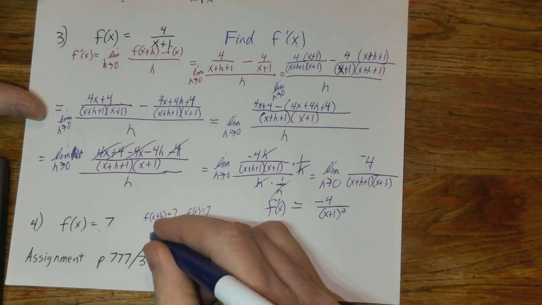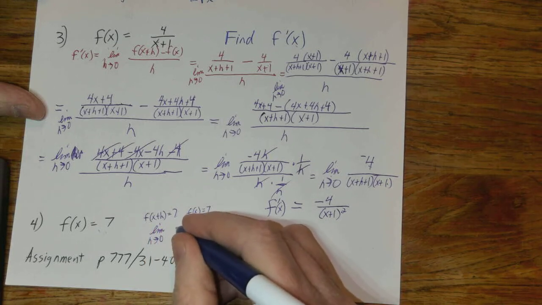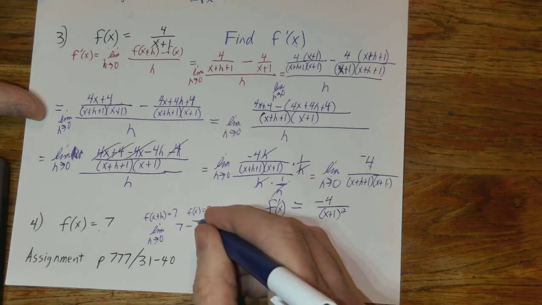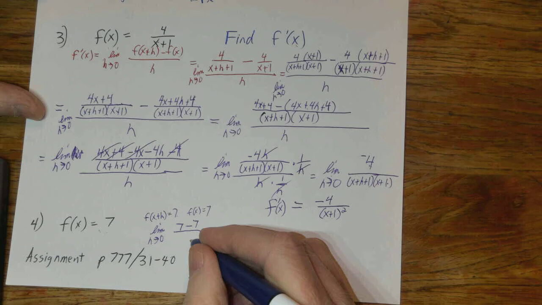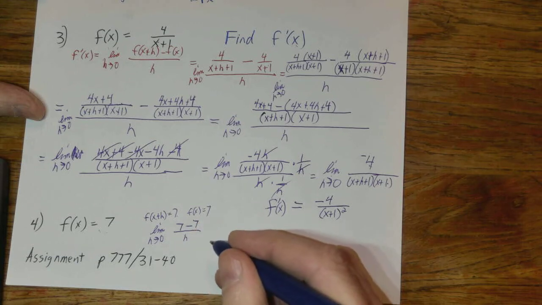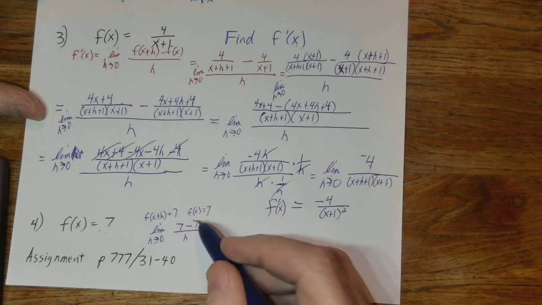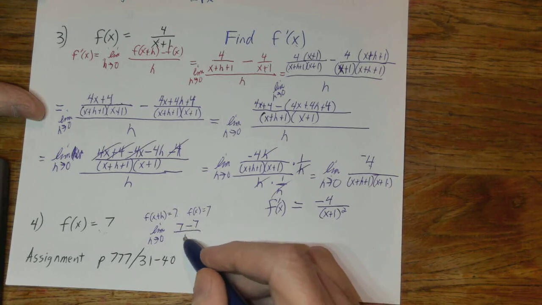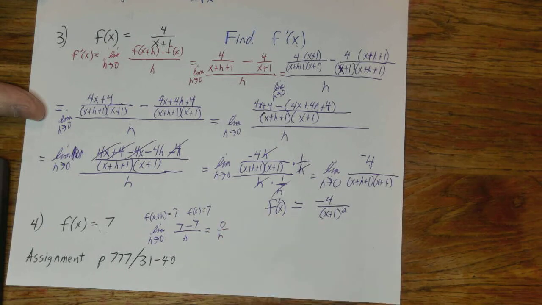So when you go ahead and do that limit as h approaches 0, you're going to do f of x plus h minus f of x over h. You're going to get 0 over h.